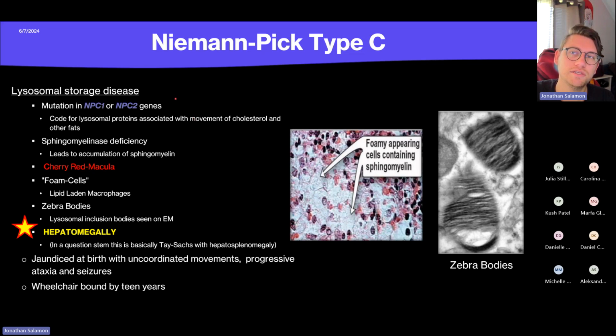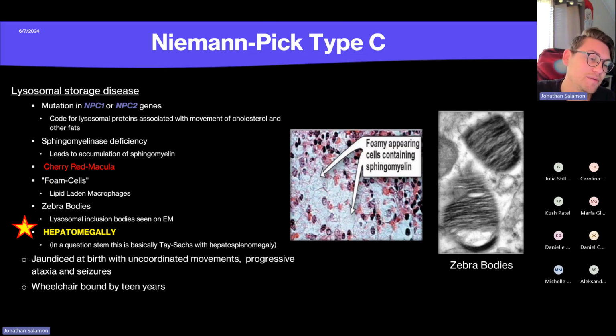Lysosomal storage disease. I don't know why they choose to pick this one. Listen, if I can tell you one thing, if they are ever asking you a question about a lysosomal storage disease and it's not I-cell or Hunter-Hurler, they're going to be asking you to distinguish between Niemann-Pick and Tay-Sachs. And in question stems, the only difference between Niemann-Pick and Tay-Sachs, 9 times out of 10, is hepatosplenomegaly.